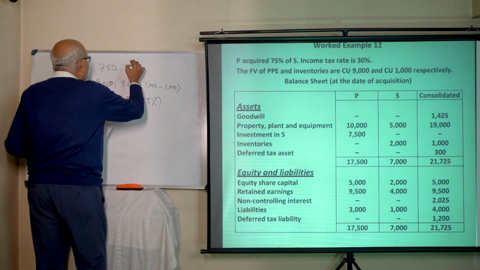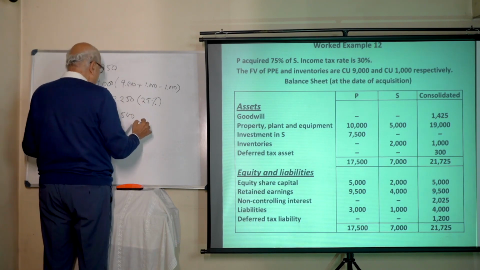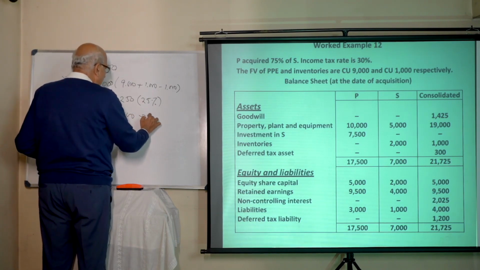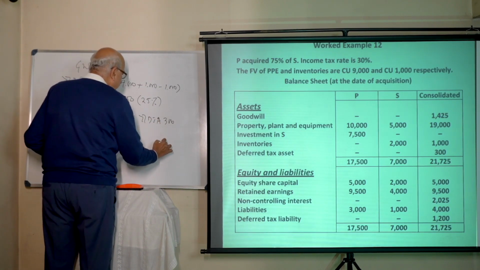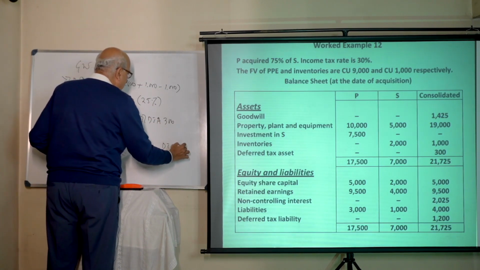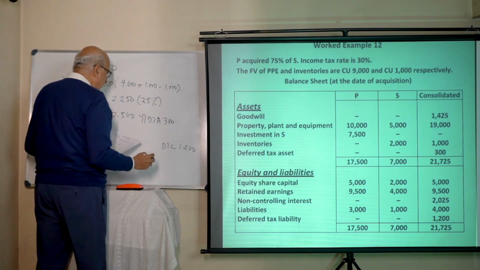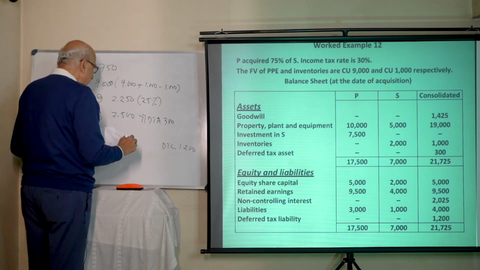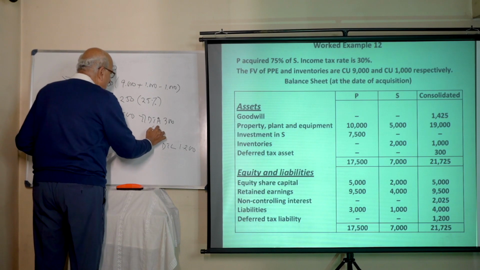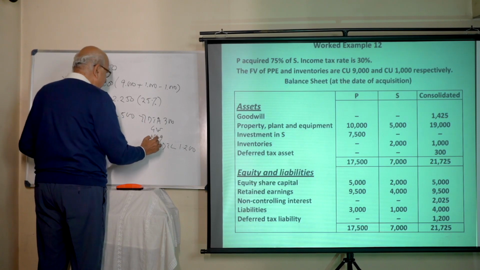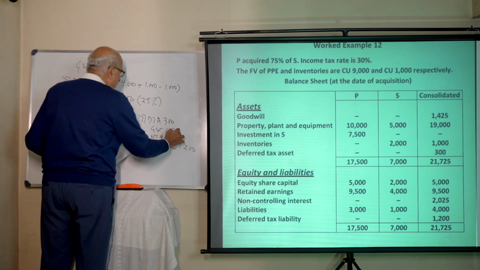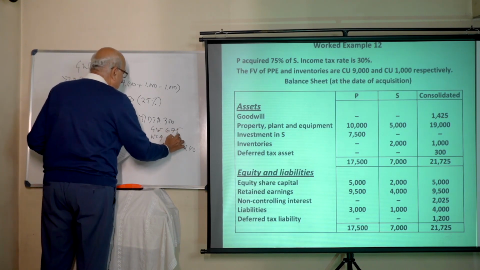So here you see deferred tax asset is 300 and deferred tax liability 1200. So 900 is to be shared between goodwill and non-controlling interest, 75% and 25%. 675 and 225.